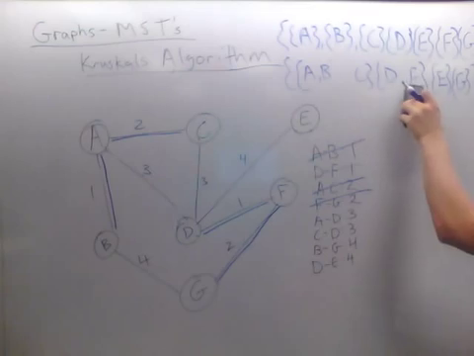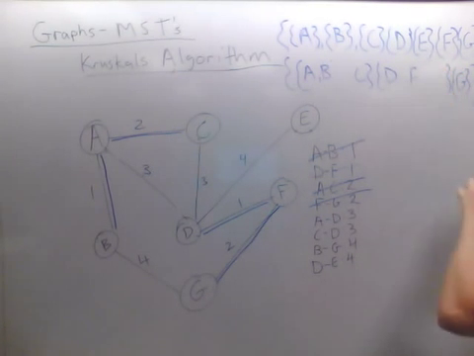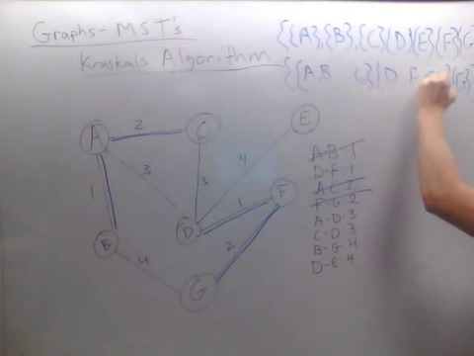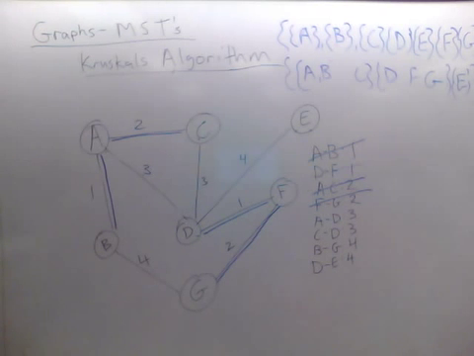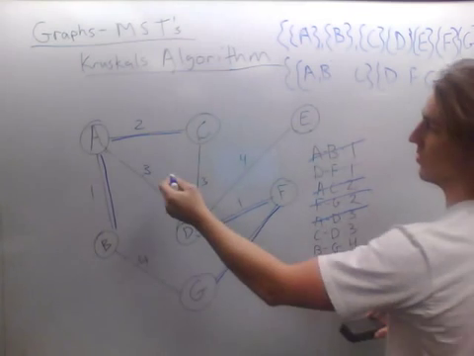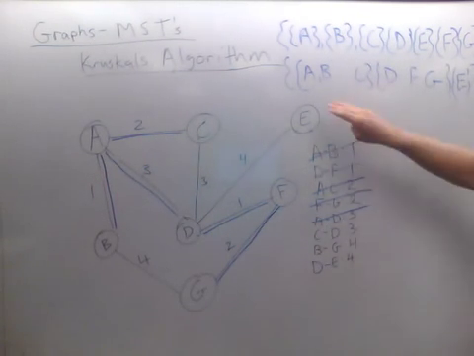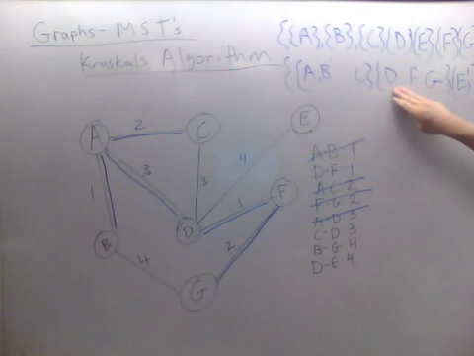So F and G now need to be unioned together, and they were not in the same set. So I can put those sets together. The next smallest edge is AD. So A to D. You can see A and D are in different sets. So now I can union these two sets together.